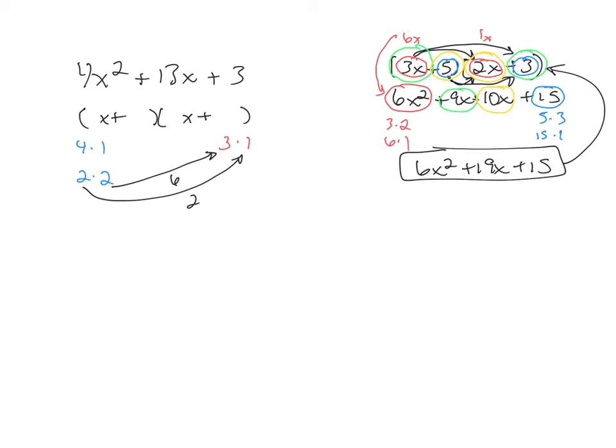I need it to be 13. So that doesn't work. It really is just trying to guess and check to see what works. If I did 4 and 3 and 1 and 1, so 4 and 3 is 12, 1 and 1 is 1, 12 and 1 is 13.